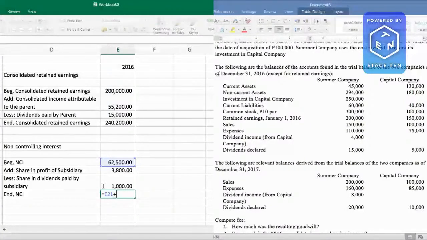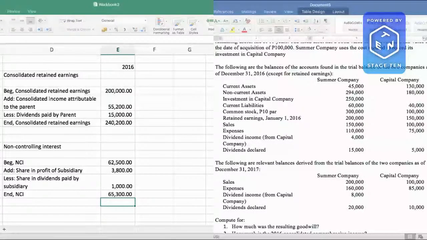62,500 beginning NCI at the date of acquisition, plus the NCI's share in the profit of the subsidiary. Again, adjusted profit, always adjusted, class. Minus the share of the NCI in the dividends paid by the subsidiary. You will already have your ending NCI. So basically, class, we have already discussed two additional items that are commonly asked for financial statements prepared subsequent to the date of acquisition: consolidated retained earnings and non-controlling interest.